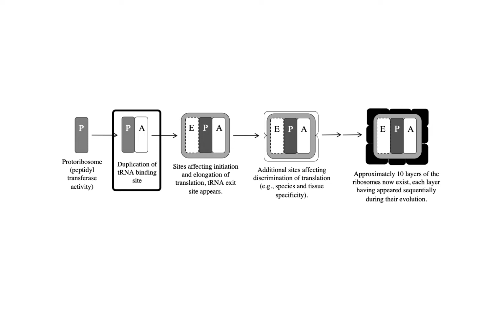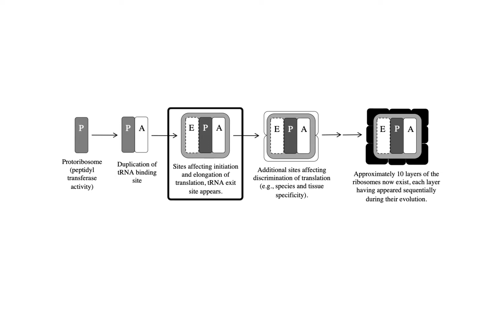Probably more than 3.8 billion years ago, there was a duplication of the tRNA binding site. So you can tell that because the current sequences around those areas, the P and the A site, look very, very much the same, and they're about the same size of about 110 nucleotides. So now this increased the success or efficiency of that process, because then the tRNAs at the A and the P site were held in place so that the peptidyl transferase could link them together, the amino acids in those positions together.